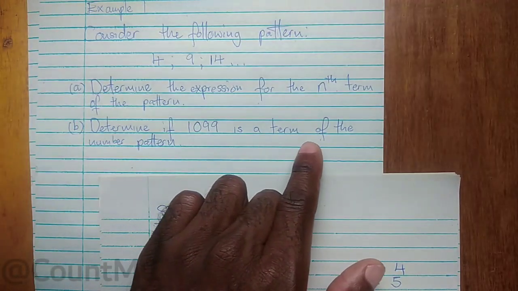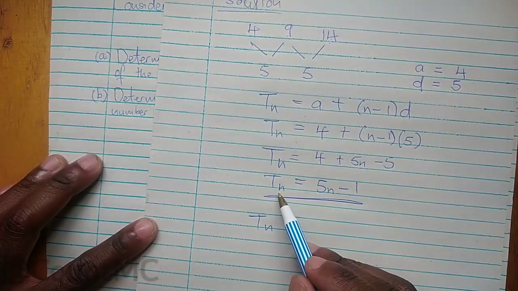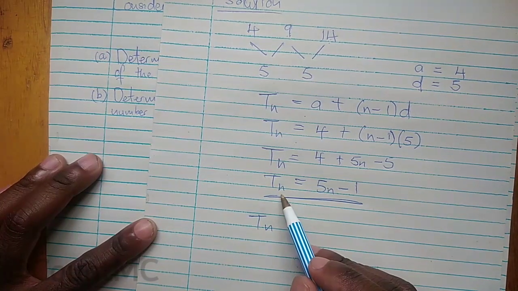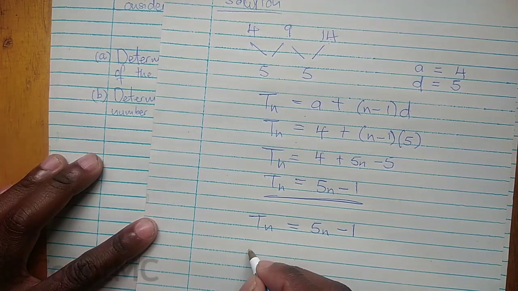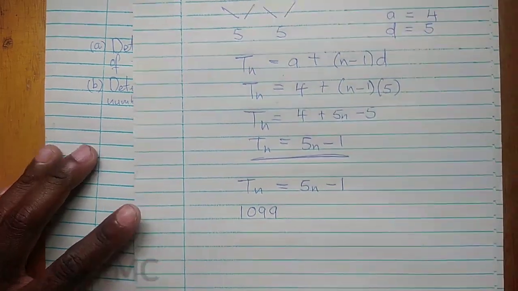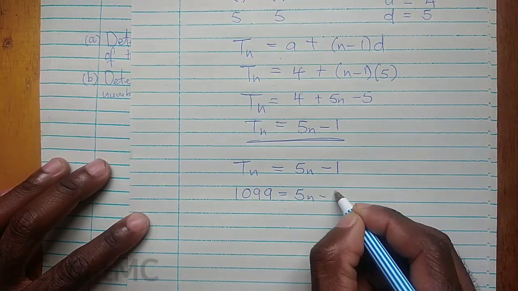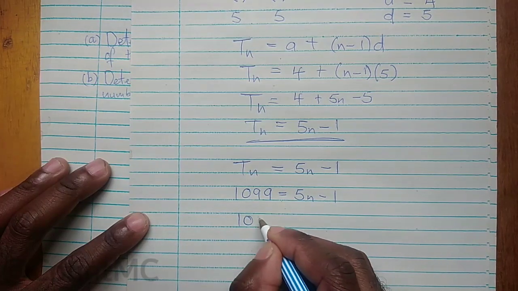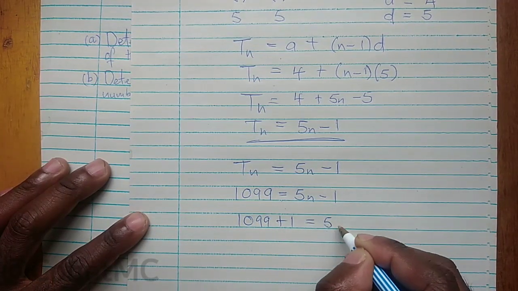Determine if 1099 is a term of the number pattern. N is the position, Tn is the number in that position, or the term in that position. So 1099 is a term, so 1099 equals 5n minus 1. 1099 plus 1, we are looking for n.